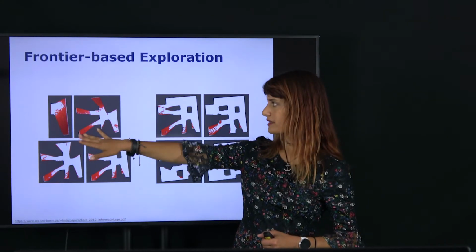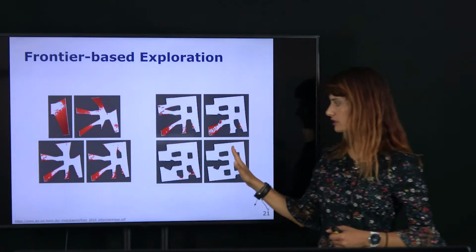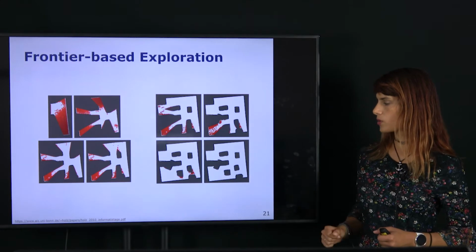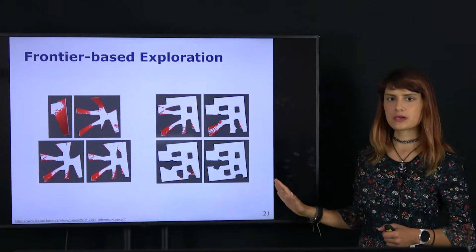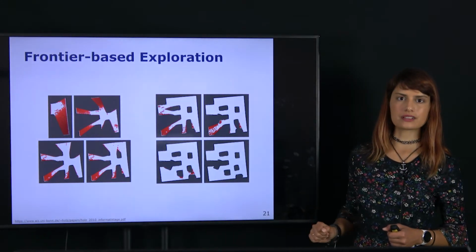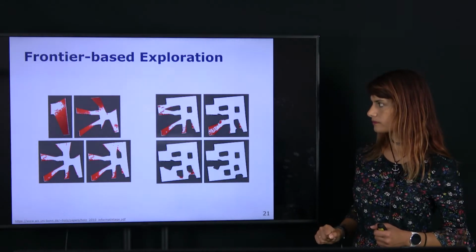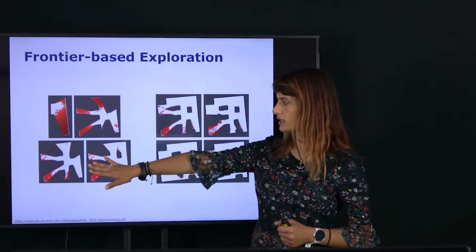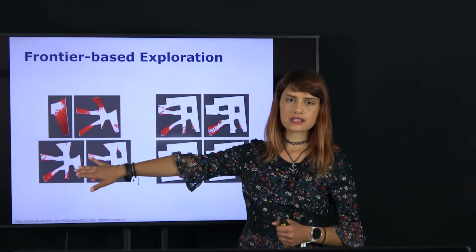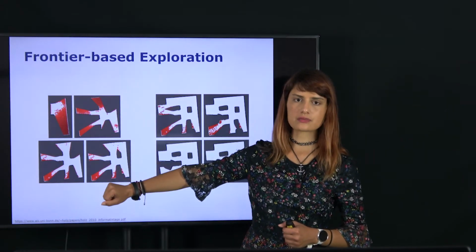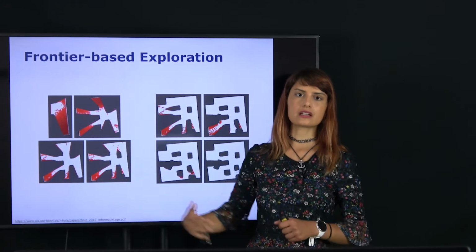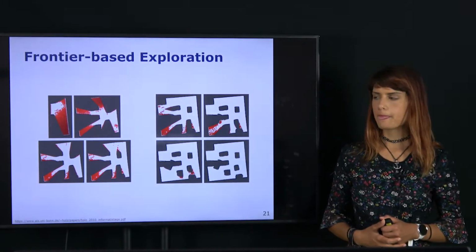As the robot navigates from frontier to frontier, we can see that it uncovers more of the free and occupied space before eventually completing the exploration task and completing the map. Importantly, we need a way of judging the map state at a particular time in the exploration mission so that we can extract frontiers.